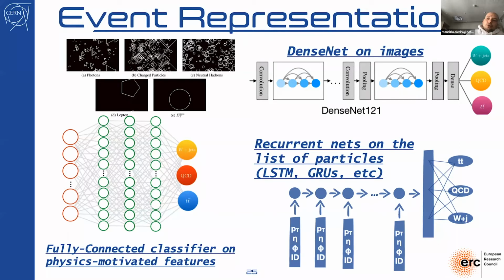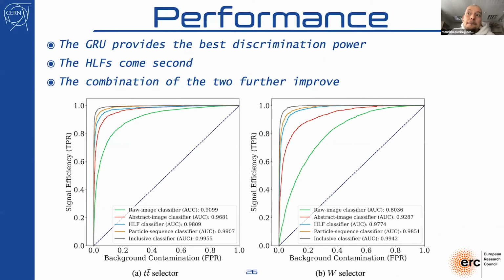If you do so, you're going to exploit not only the features that you engineered, the physics engineered, if you want, but also the correlation between the two. If what the network learns is completely redundant with respect to those quantities, adding those quantities should not make a difference. If you see a difference, it means that the network is learning something that you didn't know, but you know things that the network didn't learn. And this is what's happening.